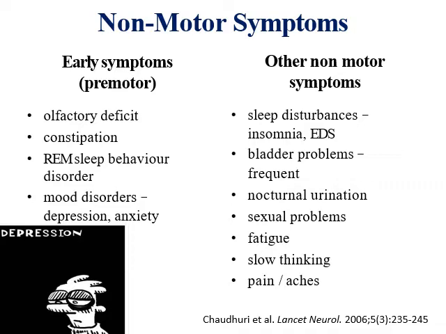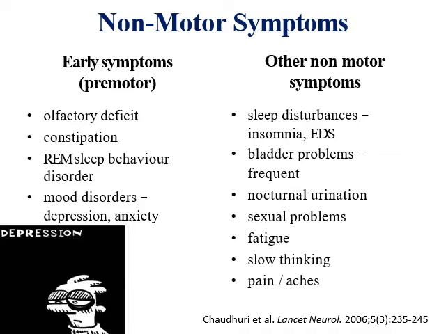For example, they may shout, they may move their legs and arms. There may also be mood disorders such as depression or anxiety, and these early symptoms will continue throughout the course of the Parkinson's as well. Other non-motor symptoms include sleep disturbances such as insomnia. EDS refers to excessive daytime sleepiness.